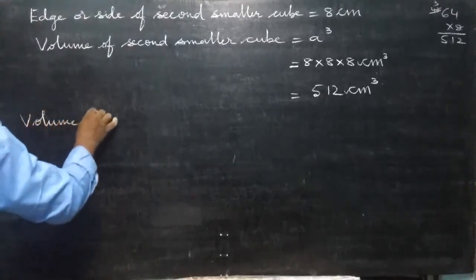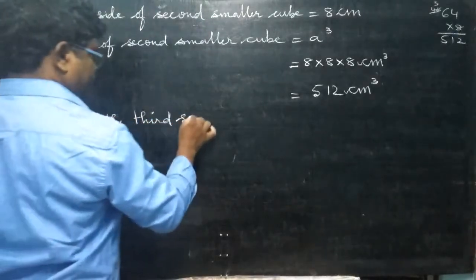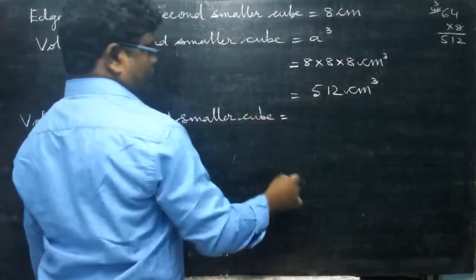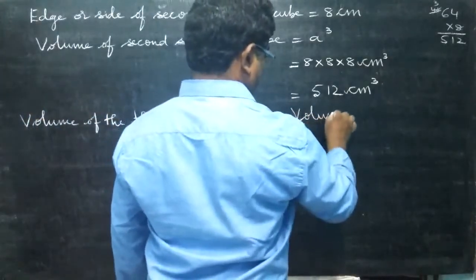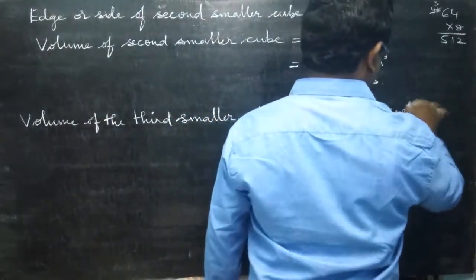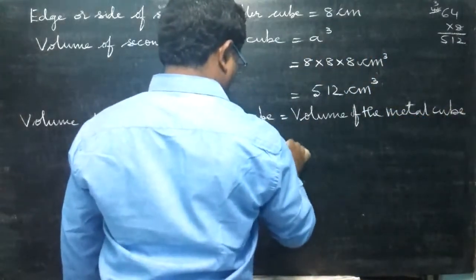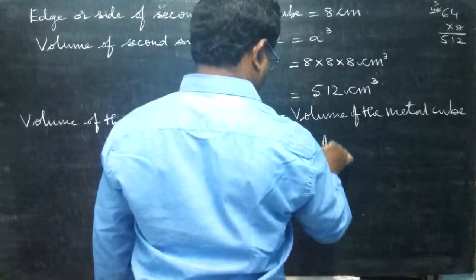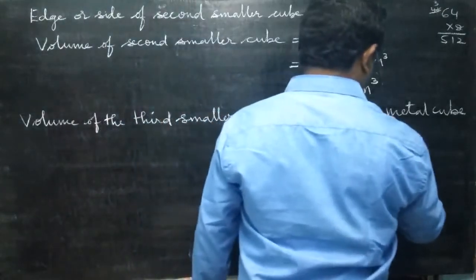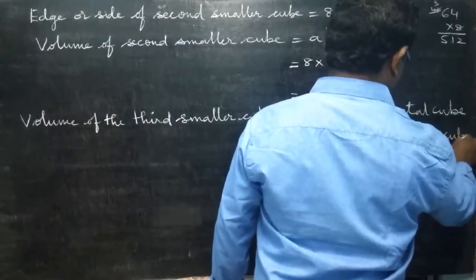Now we are going to find the volume of the third smaller cube. How to find it? Volume of the metal cube minus the volume of the first cube plus the volume of the second cube. This we have to do.